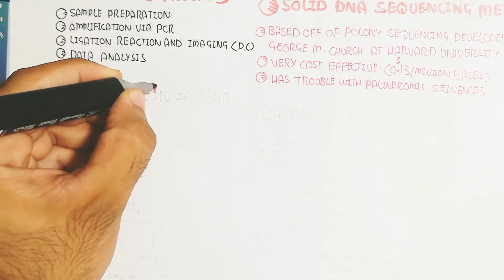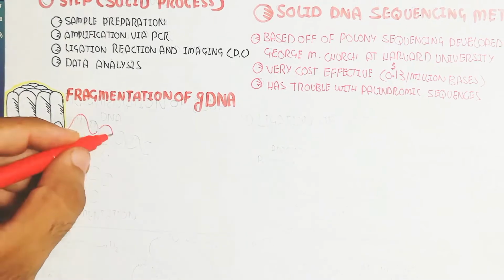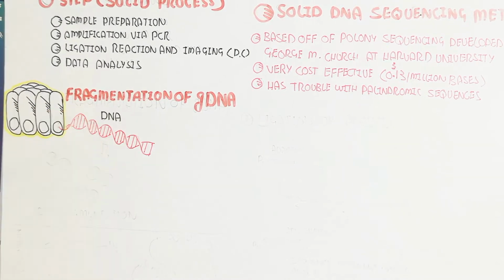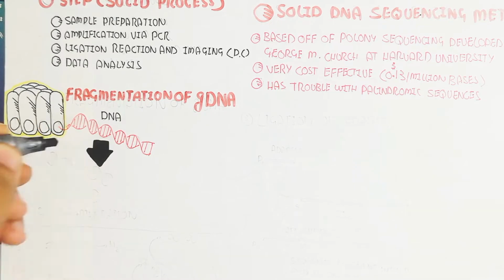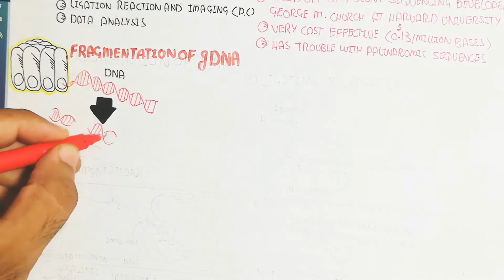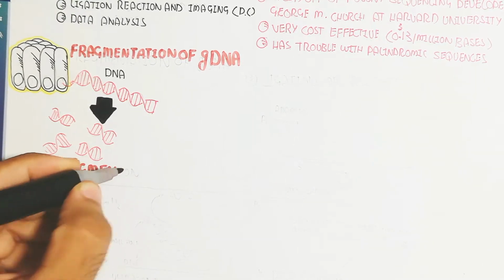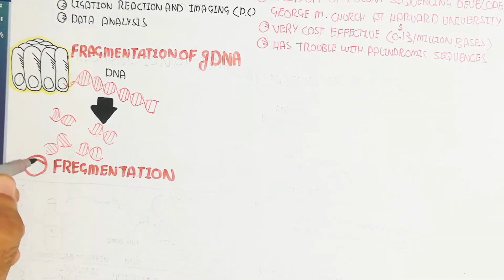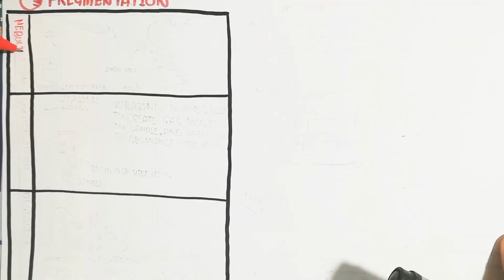First of all, let's begin to understand fragmentation of the genomic DNA. Here you can see the cell. When we separate the cell, the DNA it contains will be cut into smaller segments. This is known as fragmentation because it produces fragments. There are different types of fragmentation, such as nebulization.